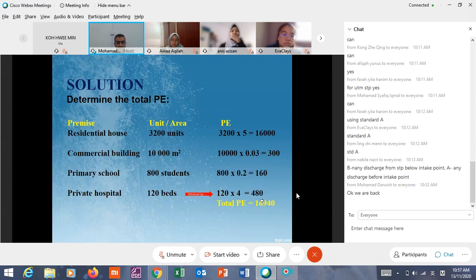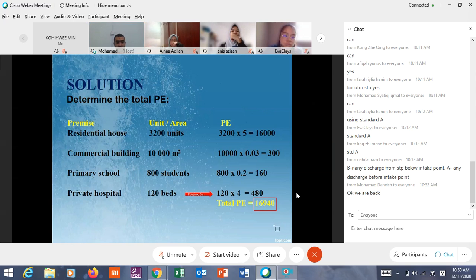Then we add them together and get the total PE, which is 16,940.